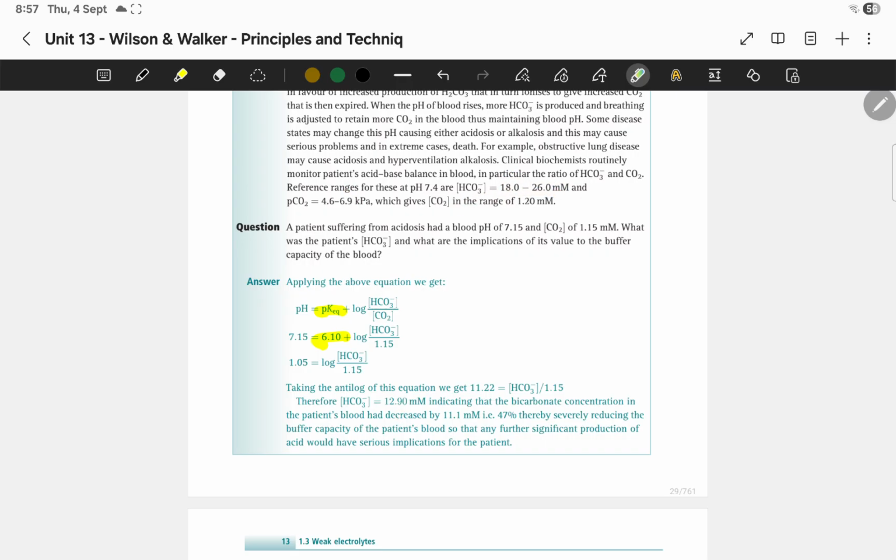And PCO2 should be about this. And what was found? This. Let me check one thing. 4.6 plus 6.9 upon 2 equals 5.75.